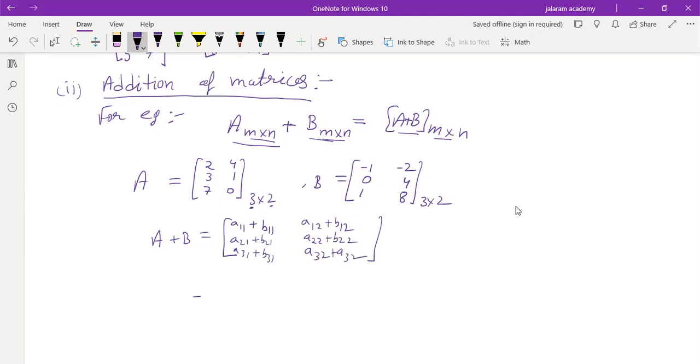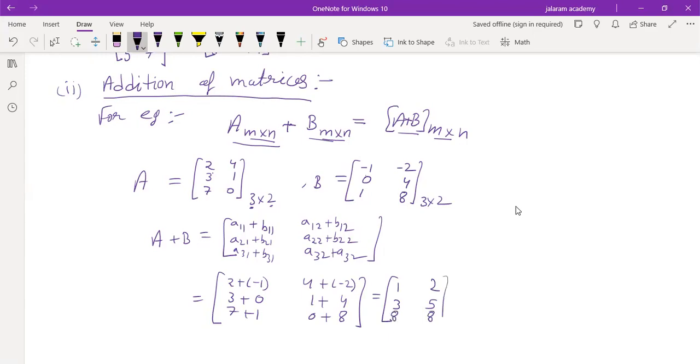If we add them, we get 2 plus minus 1, 4 plus minus 2, 3 plus 0, 1 plus 4, 7 plus 1, 0 plus 8. So it becomes 2 minus 1, 1. 4 minus 2, 2. 3 plus 0, 3. 1 plus 4, 5. 7 plus 1, 8. And 0 plus 8, 8. So this is the answer, and its order is also 3 cross 2.